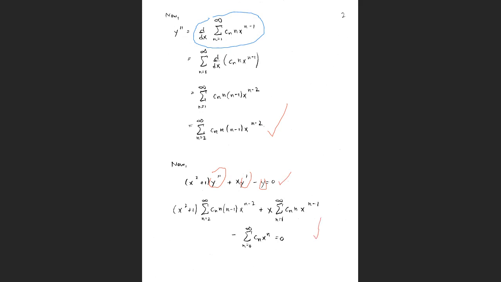And then what we had to do was, of course, we have these functions in front of the power series, so we had to distribute the functions through the power series, which we did.